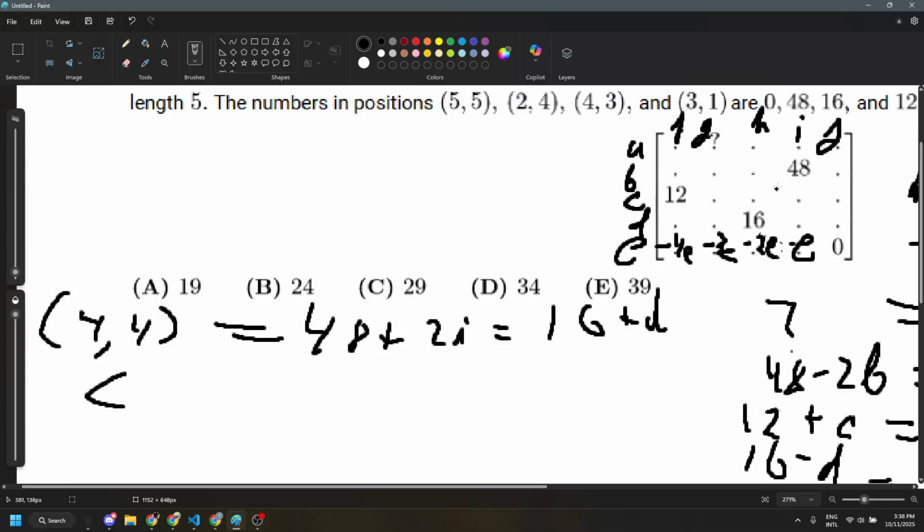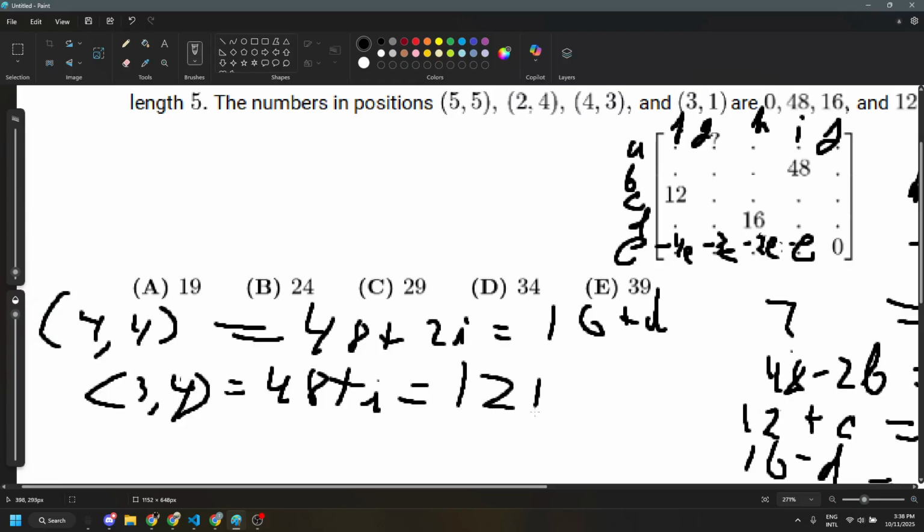Then if we look here, we have 3, 3. No, we don't want 3, 3. We want 3, 4. 3, 4 is equal to 48 plus I, sorry, 48 plus I, 12 plus 3C.